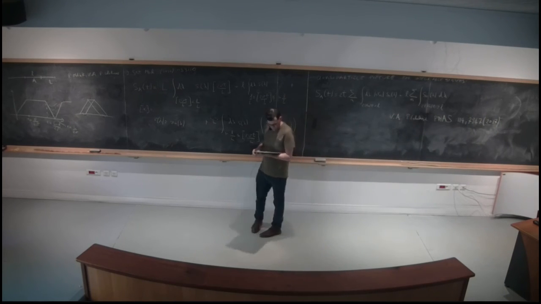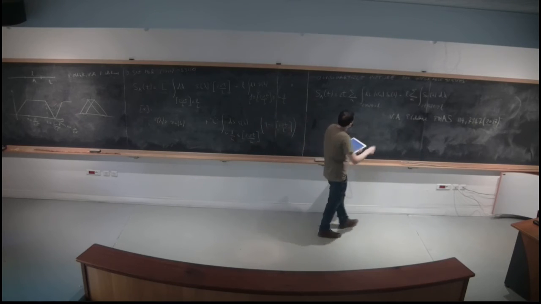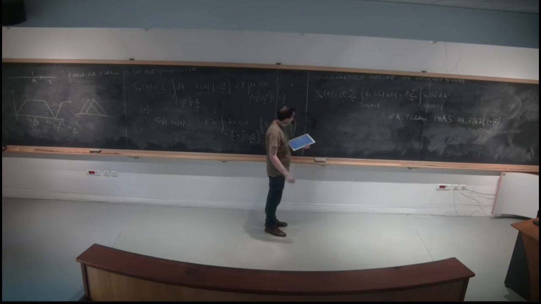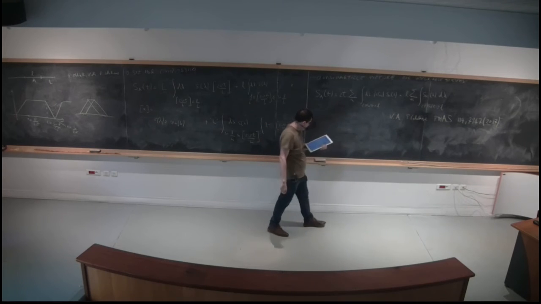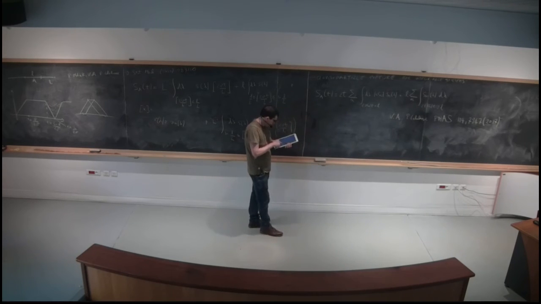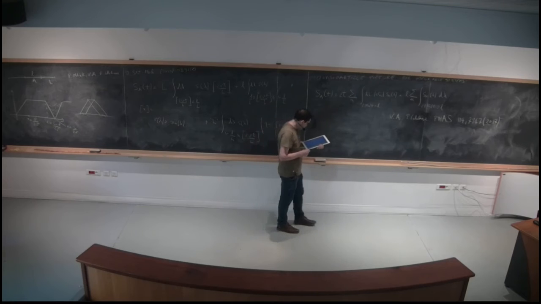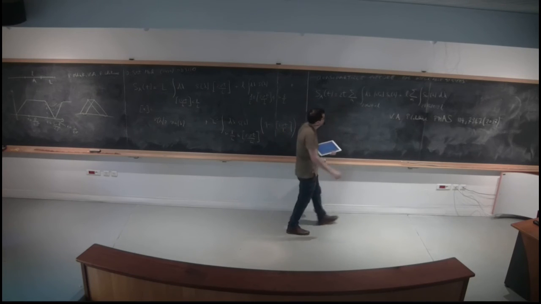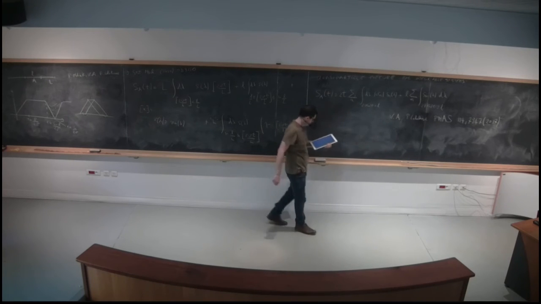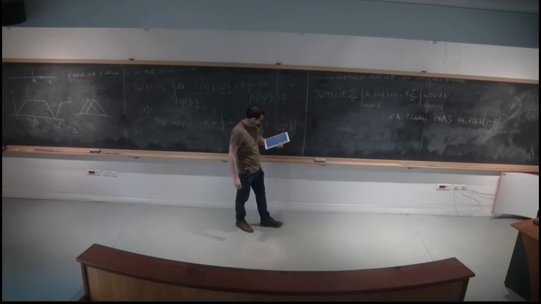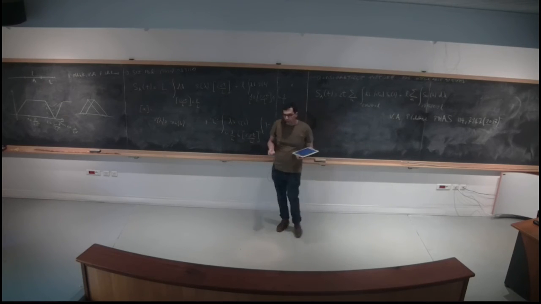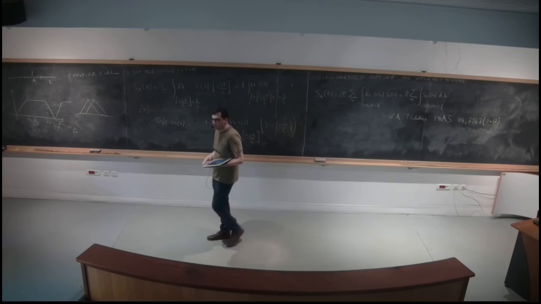In fact, the goal is to determine these two parameters, Vn and Sn. So lambda is the rapidity, as I said before. n I explained. Vn are the velocities, and Sn is the contribution of the quasi-particles to the entanglement. So they depend on the microscopic details of the model.